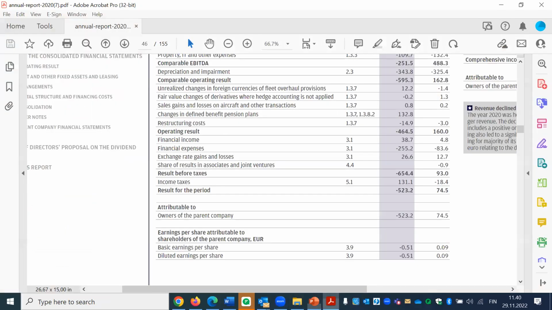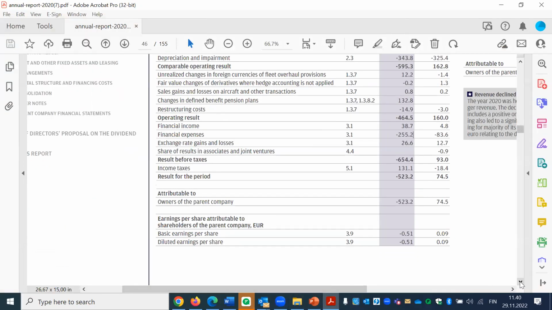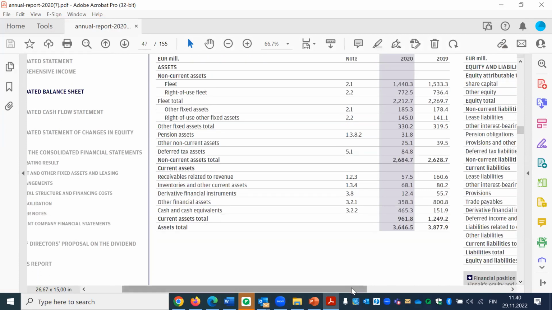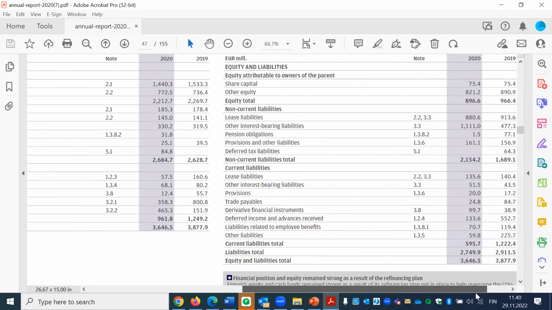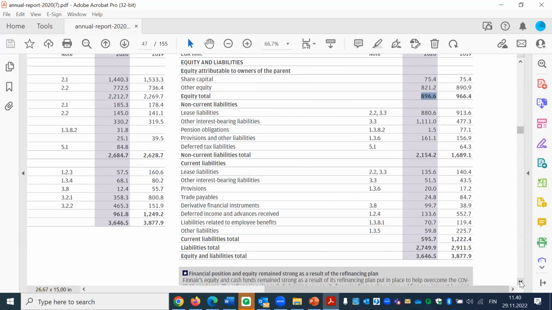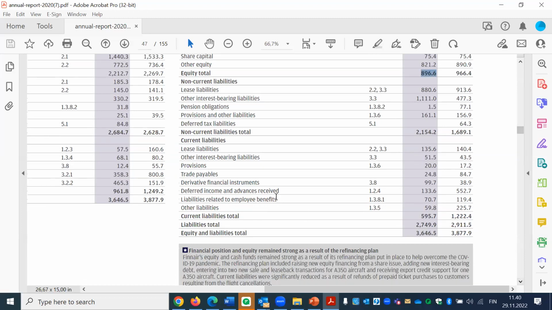For example, if you look at Finnair's balance sheet, you can check that the company's equity is 896.6, and the company's total debt is basically, where are the financial debts of the company? Just a sec. Non-current liabilities, lease, yes, financial lease.